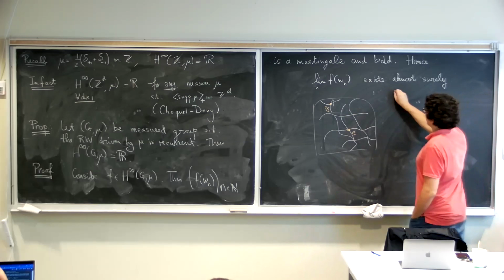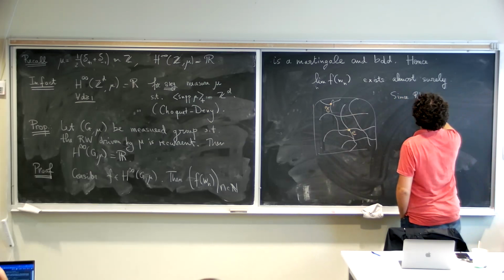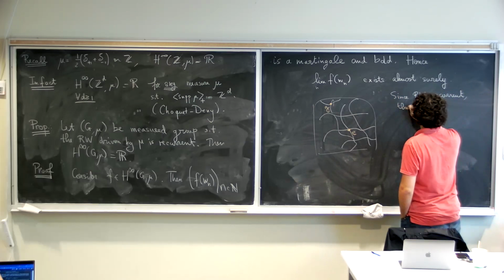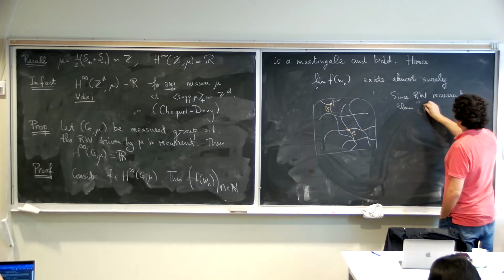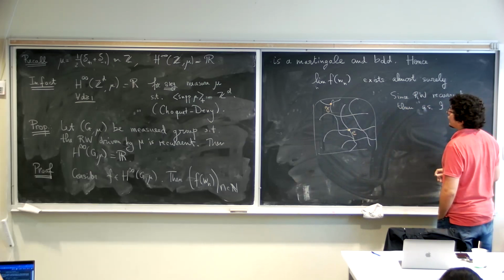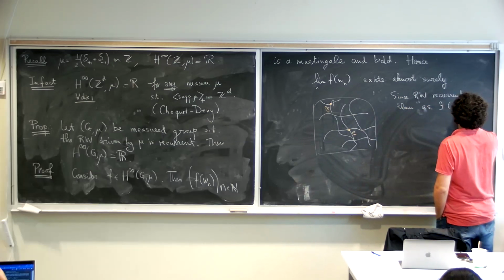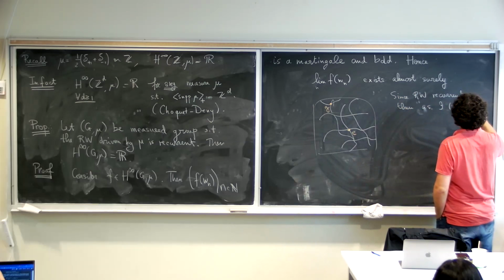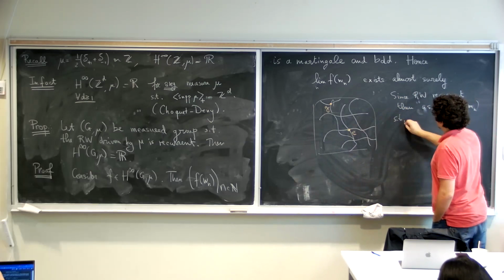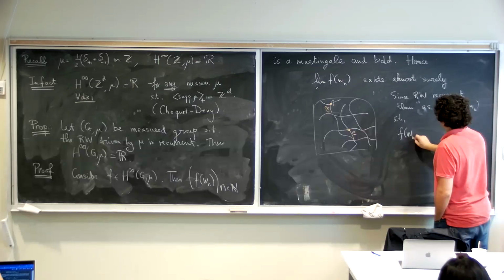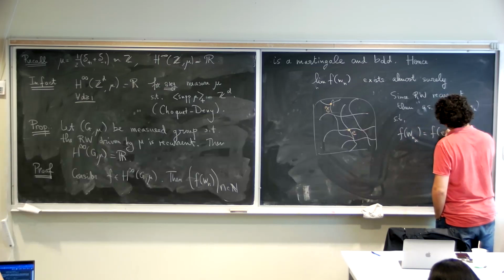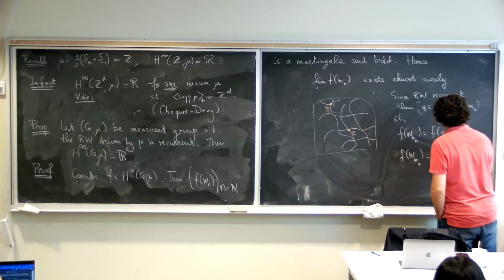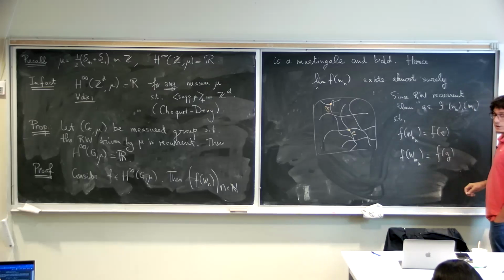So since the random walk is recurrent, almost surely there exist two sequences n_k and m_k such that f of W_{n_k} equals f of e, and f of W_{m_k} equals f of g, for every k.